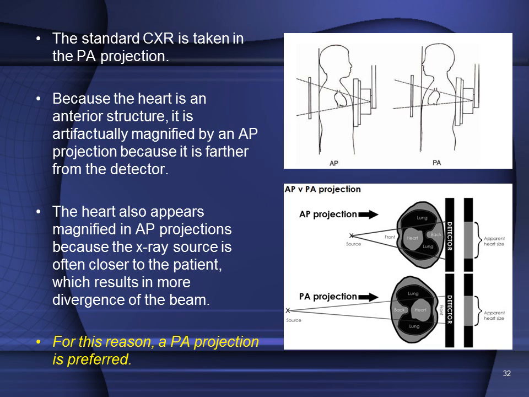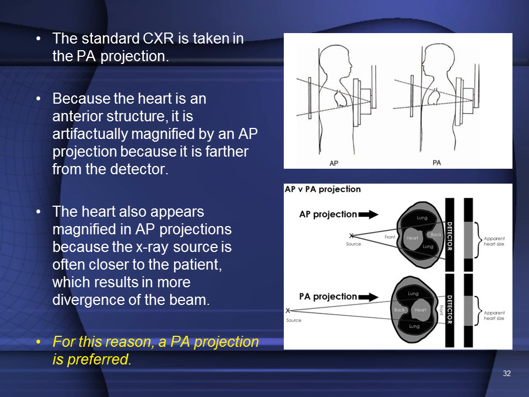If you didn't know that the AP projection was used, in this case, you might suspect that there's some kind of cardiac problem in this patient. This is in contrast to the PA projection, in which the heart is closer to the detector and further away from the emitter. So the apparent size of the heart is smaller.